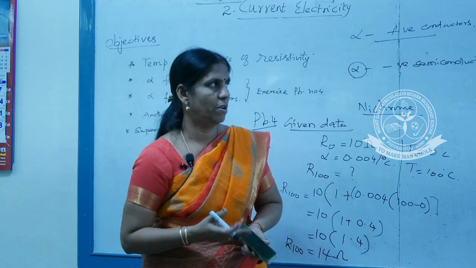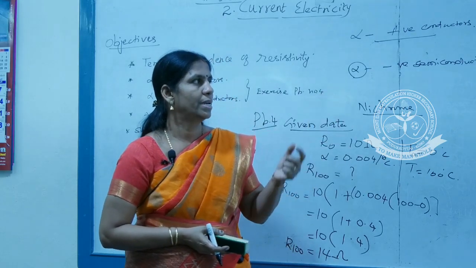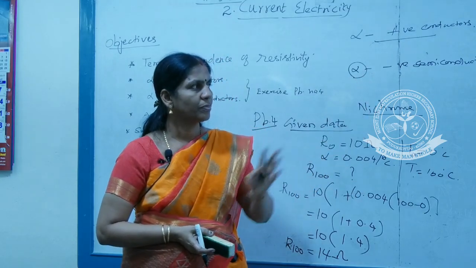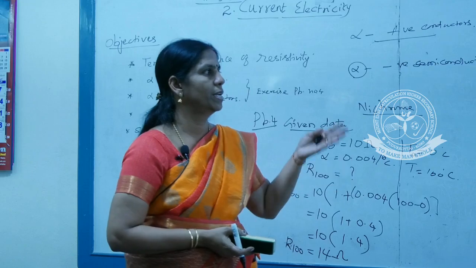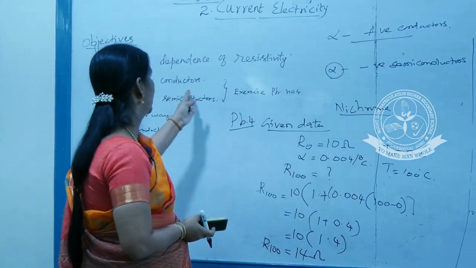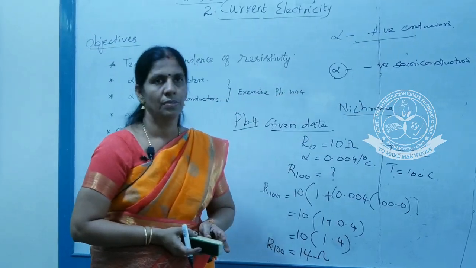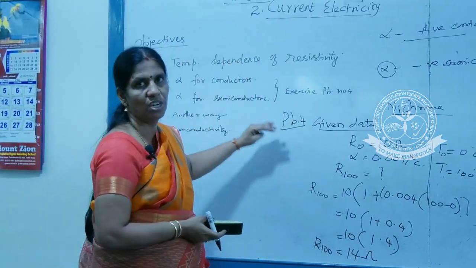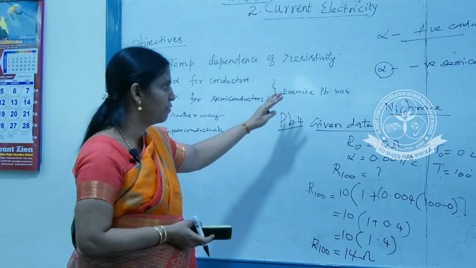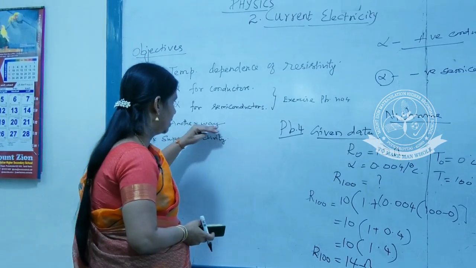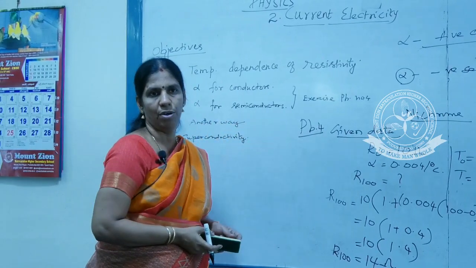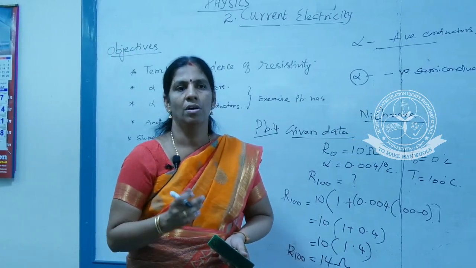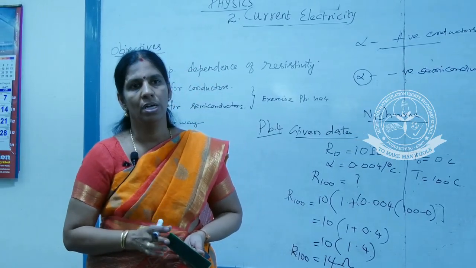So, after our observation from the table, all these metals and alloys have positive alpha value, and other semiconductor materials like germanium, silicon, carbon have negative alpha value. And this same temperature dependence of resistivity, and especially temperature coefficient of resistivity, can be explained in another way also by recalling what you have learnt in the previous section, the expression for sigma.